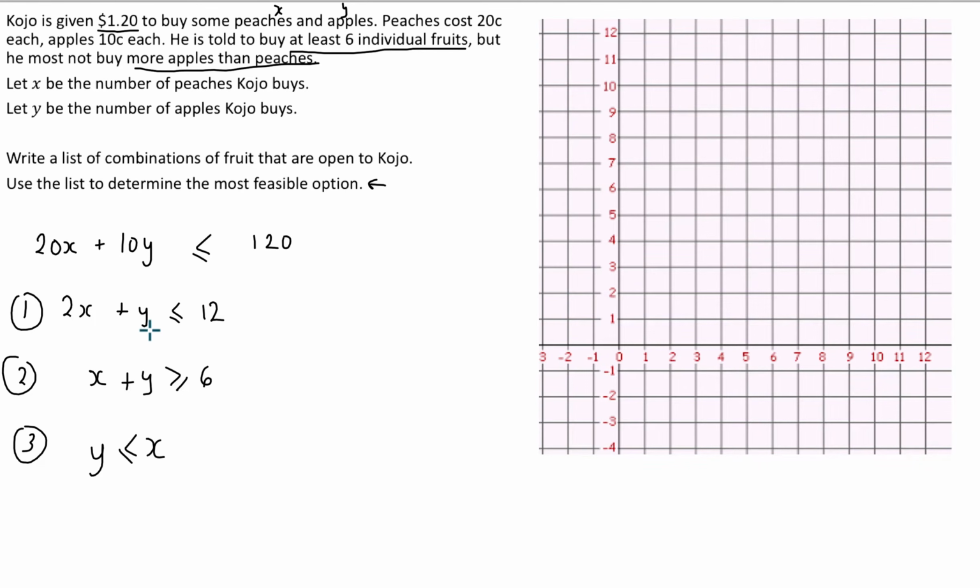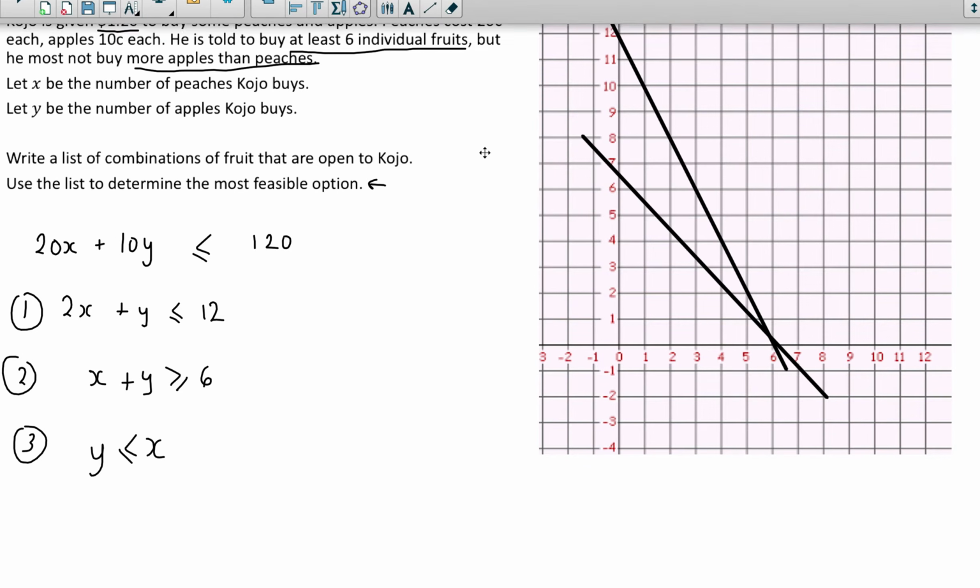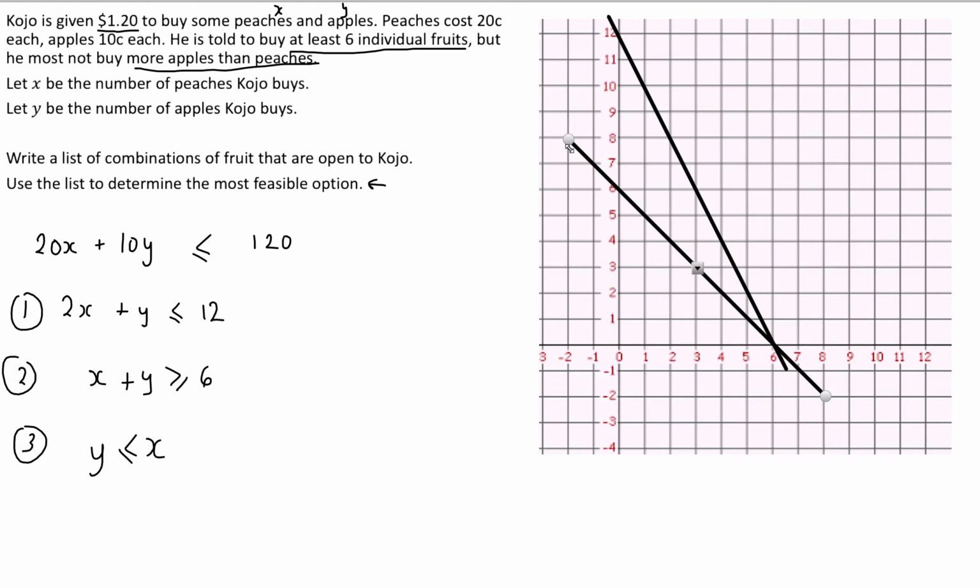The first one is going to be from 12 to 6, and then I have 6 to 6, and then the last one is going to be a diagonal.